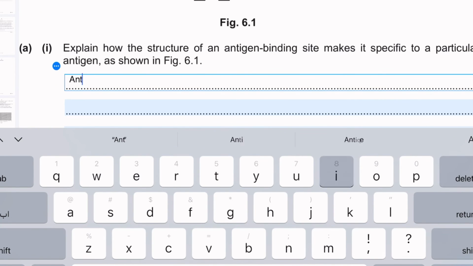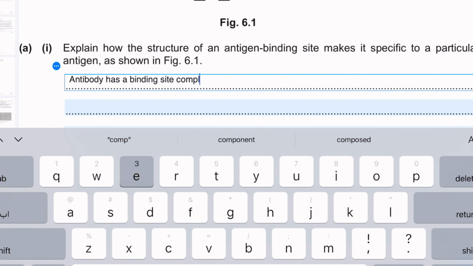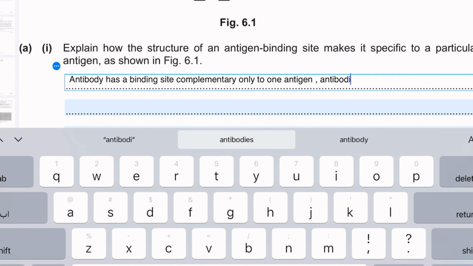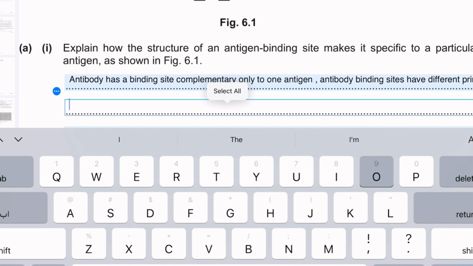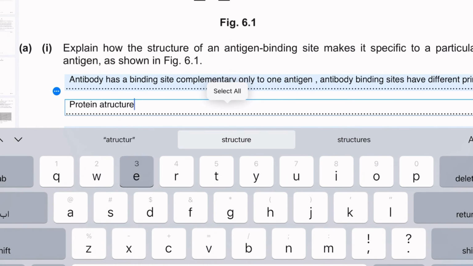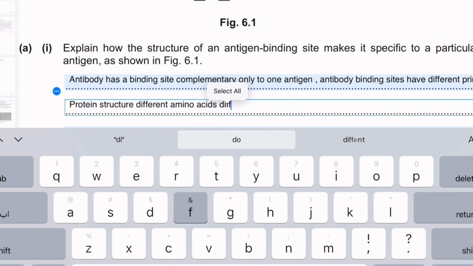Antibody has a binding site complementary only to one antigen, and you could mention, for example, antibodies' binding sites have different primary protein structure. So it has different amino acids, so different R groups.